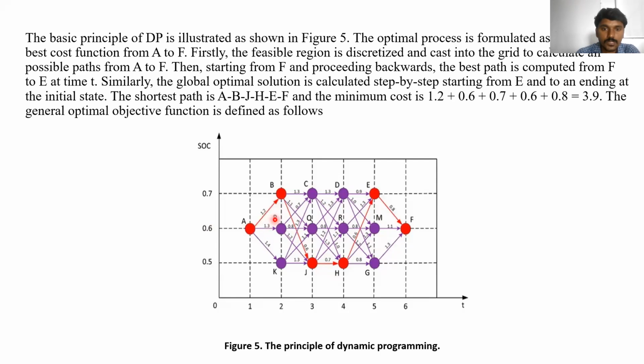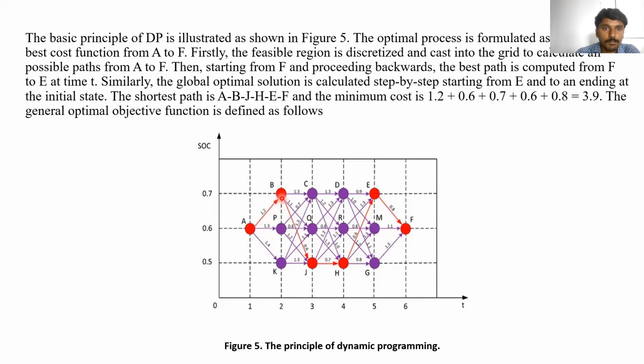So from this diagram, the different possibilities are there: A, B, C, D, E, F; A, P, Q, R, M, F; A, K, J, H, G, F. Also we can calculate A, B, P, Q, R, M, F. Different possibilities are there to estimate the cost, but among them, which is the shortest path?